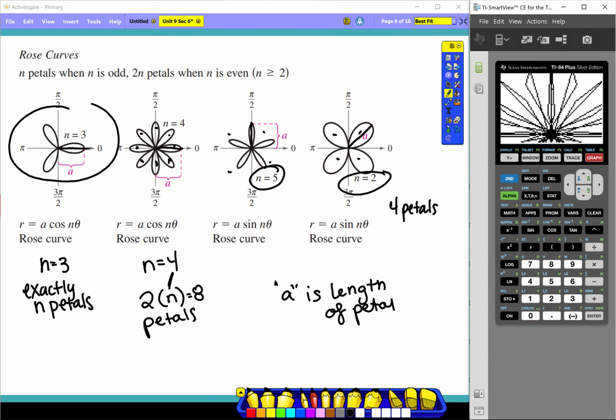Ooh, look at how weird that is. Let's see. Ooh, look at that. That is just crazy. Well, yes, that's an actual legitimate graph, guys. It's called a rose curve.